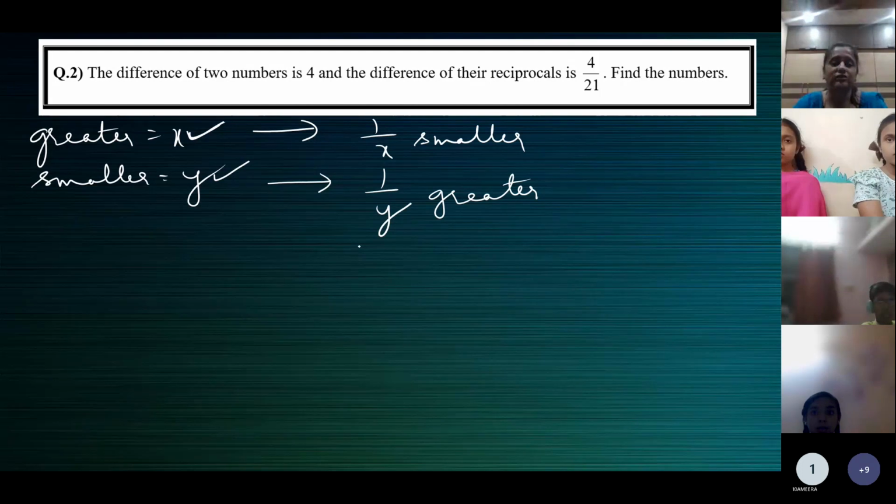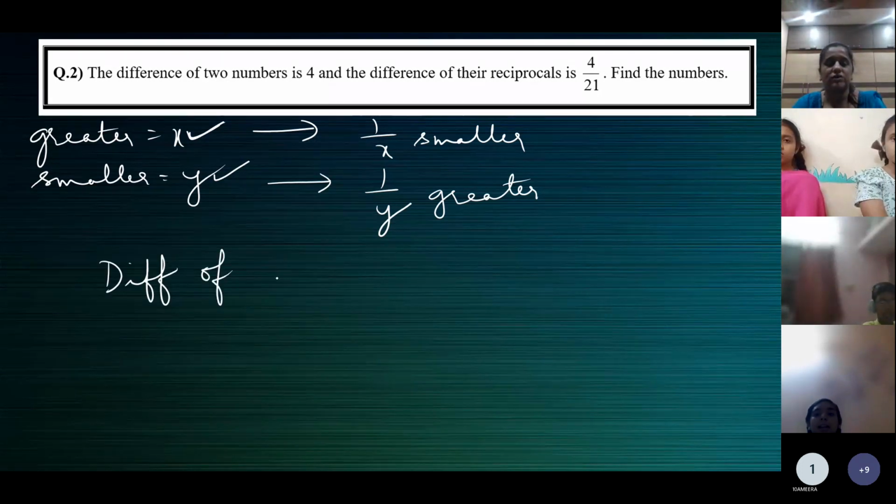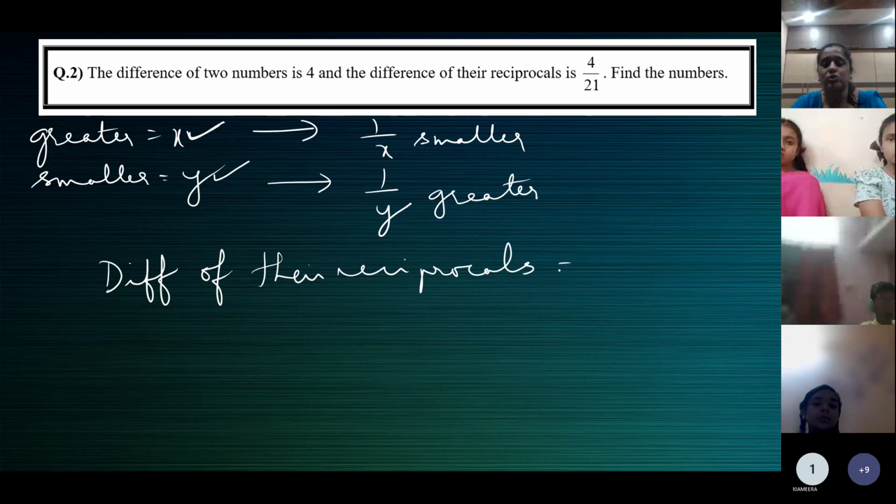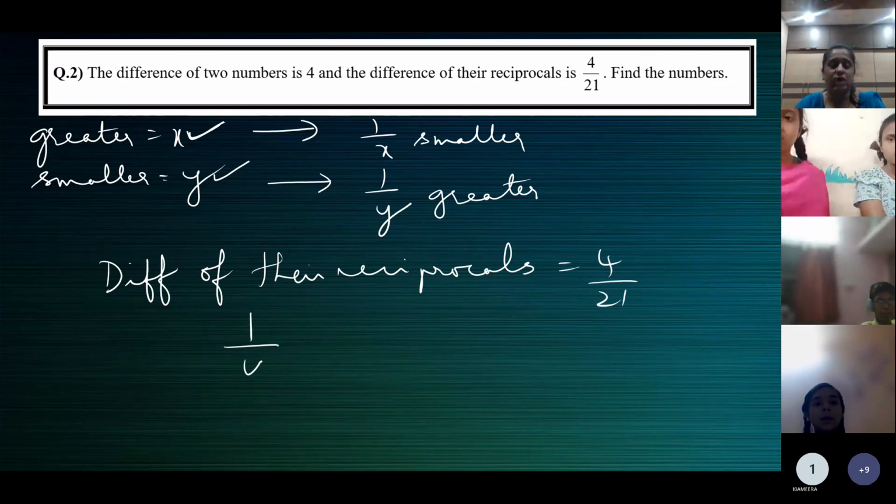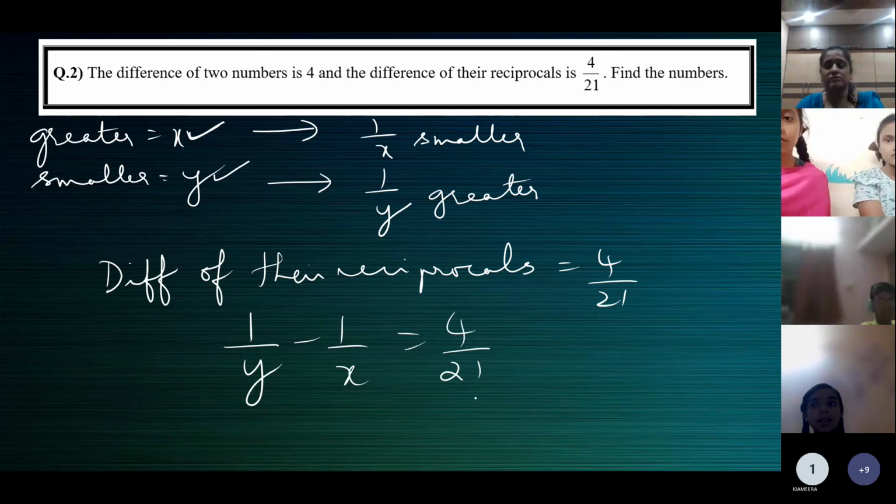So when you write the difference of the reciprocals, you should write the greater one first. 1 by y minus 1 by x is equal to 4 by 21.